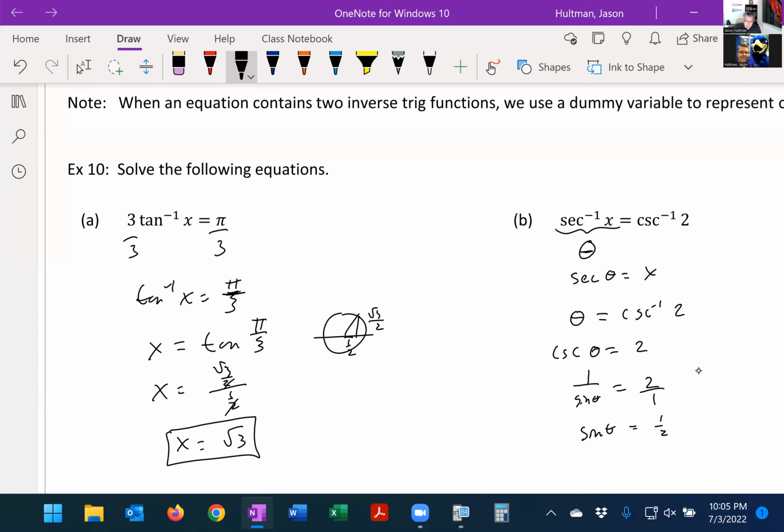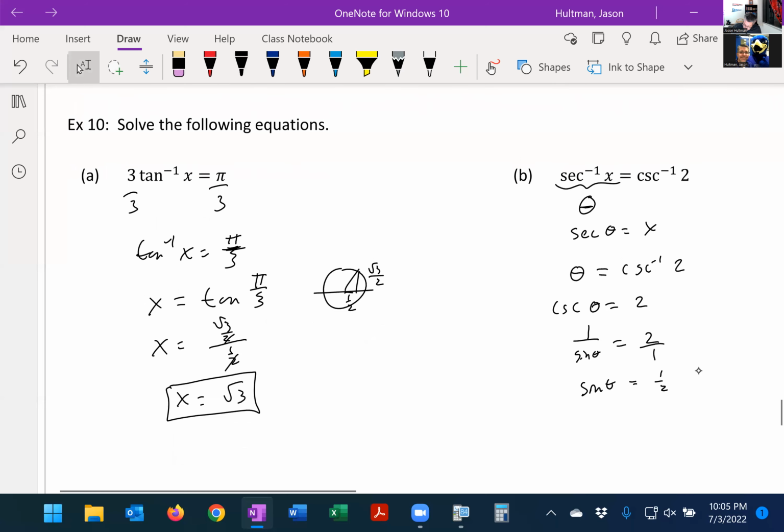Okay, so where is the sine of theta equal to 1/2? On the unit circle, the sine of theta is equal to 1/2 at 30 degrees, and at 150 degrees.